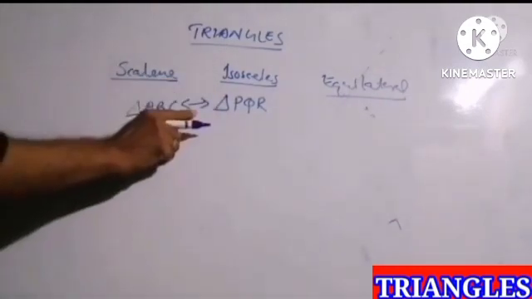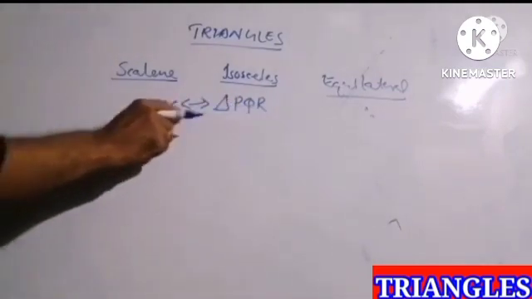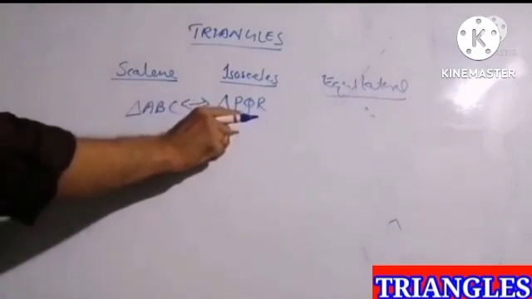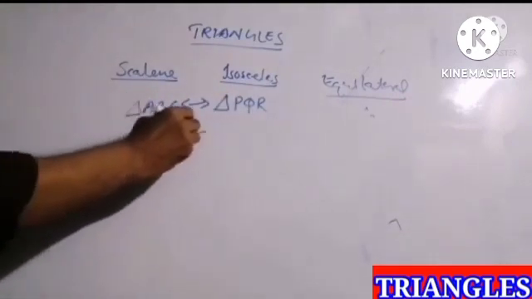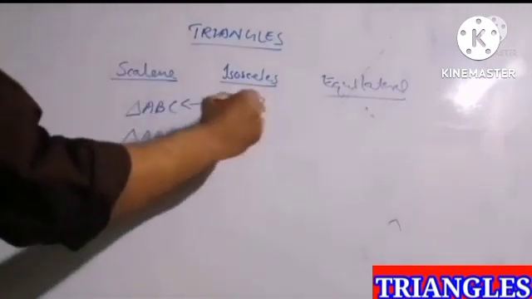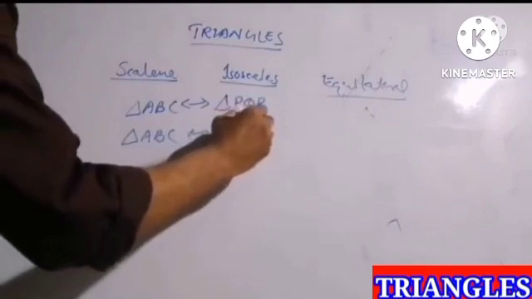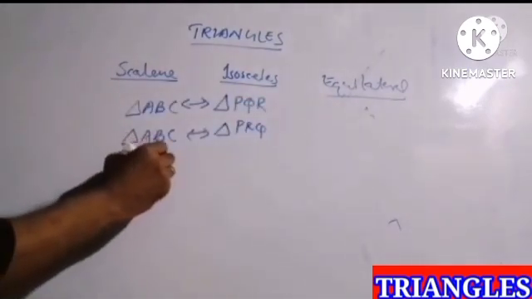This is the symbol for correspondence. So this is the first way: ABC matching with PQR. Second, again ABC, now change PQR. If you change PQR, that becomes PRQ. Again, third type, ABC.